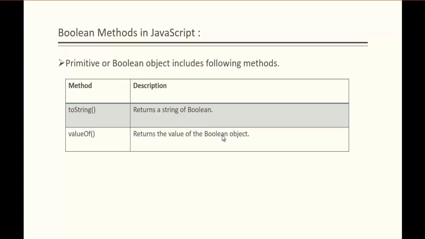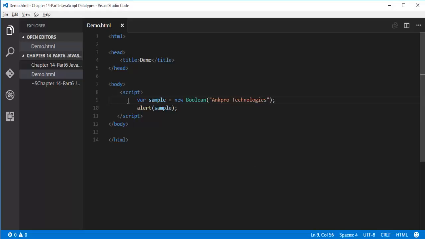So let me go and show you. It's very simple. Let me remove this. Let me take a variable named sample is equal to true.